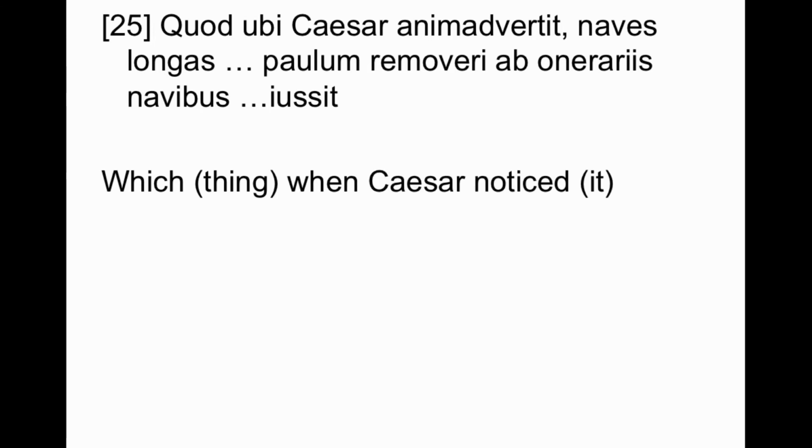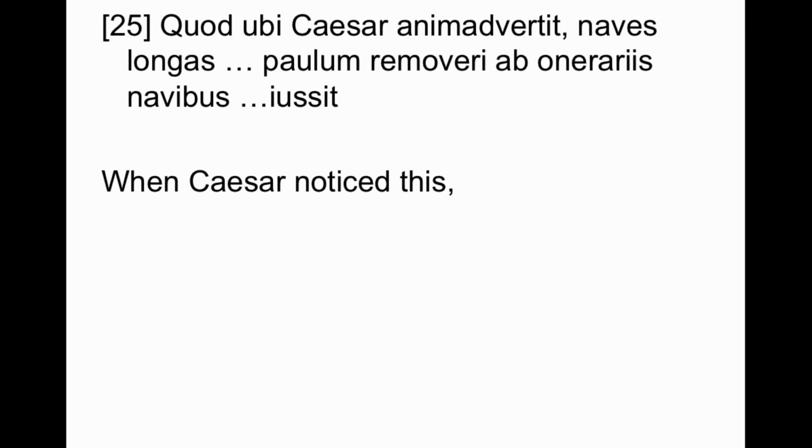And it's really more than one thing, but the thing being referred to is the fact that this naval landing is running into some serious trouble, and Caesar's going to have to bark some orders in response to all the problems. So, which thing, when Caesar noticed it, what did Caesar do? He ordered, okay?